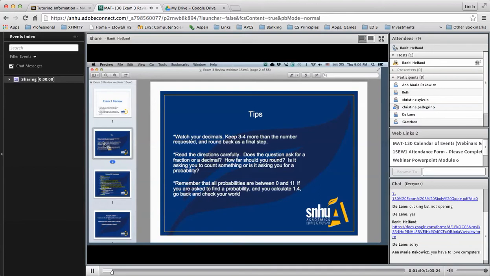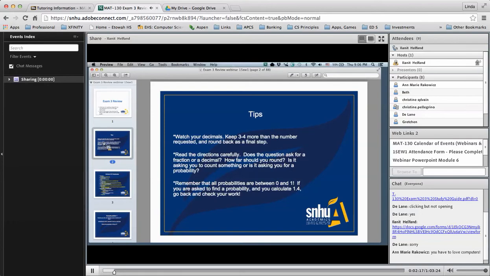Meaning if the final answer says round to 3 decimal places, then when you're actually doing your work, don't round to 3 decimal places in the middle. Wait and keep 7 decimal places written down or stored in your calculator until the very final step, and then only in the last step round down to 3 decimal places. Because if you round too soon, you can end up with the wrong answer.